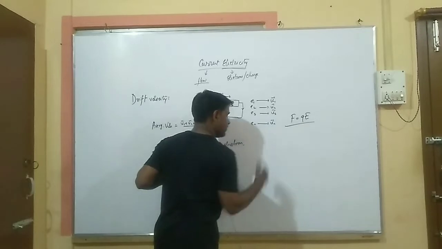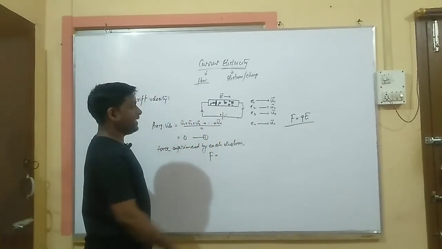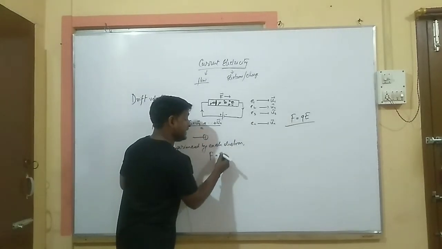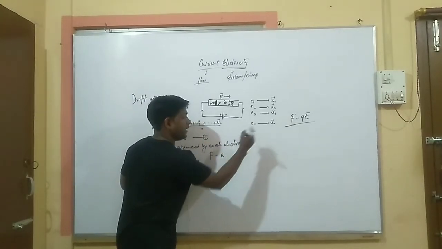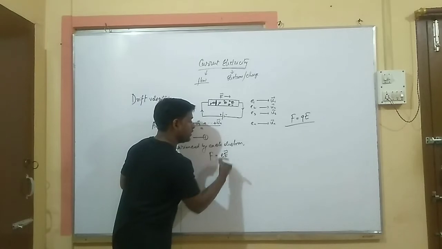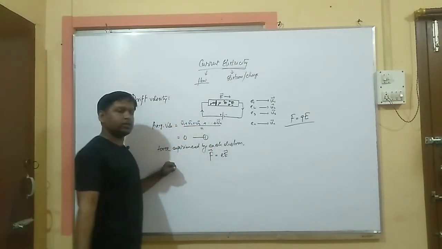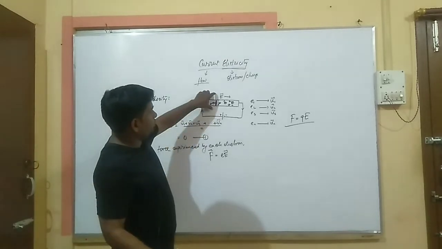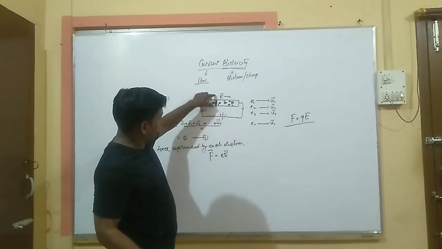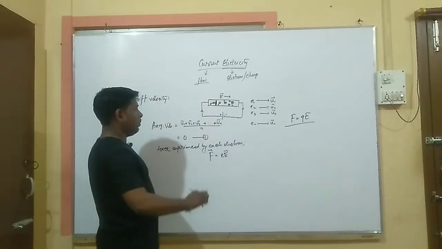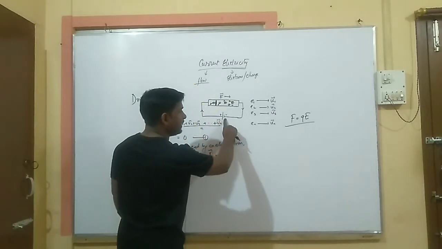Actually it is F equals to QE, but since we are considering a single electron, let's replace Q by e, and here E capital denotes electric field. Now these F and E both are vector quantities. If you observe at this point, you will see that electric field is acting from left to right. But here is the negative terminal.